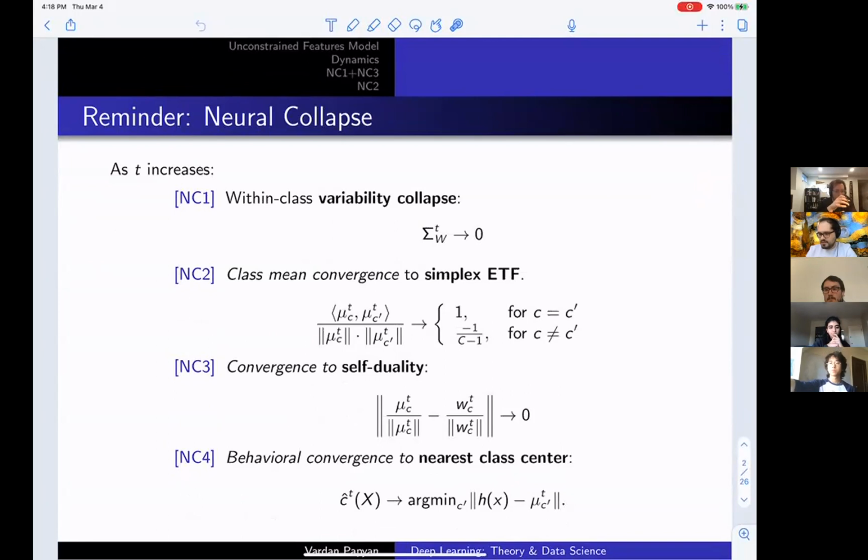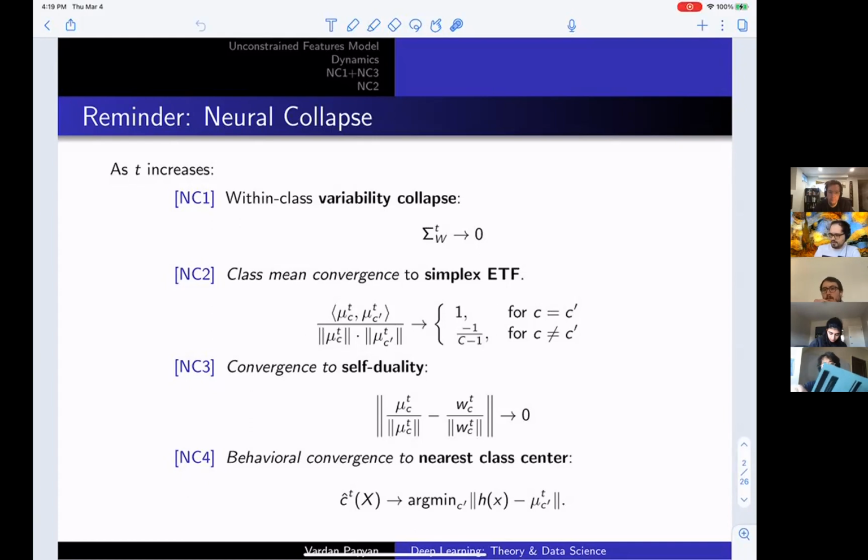Neural collapse is a collection of 4 properties that emerge in the last layer of deep networks. The properties are within class variability collapse. The class means converge to a very special geometric structure, which is called the simplex ETF. There is self-duality, which means that the classifier and the features converge to each other, and the decision of the classifier converges to the nearest class center.